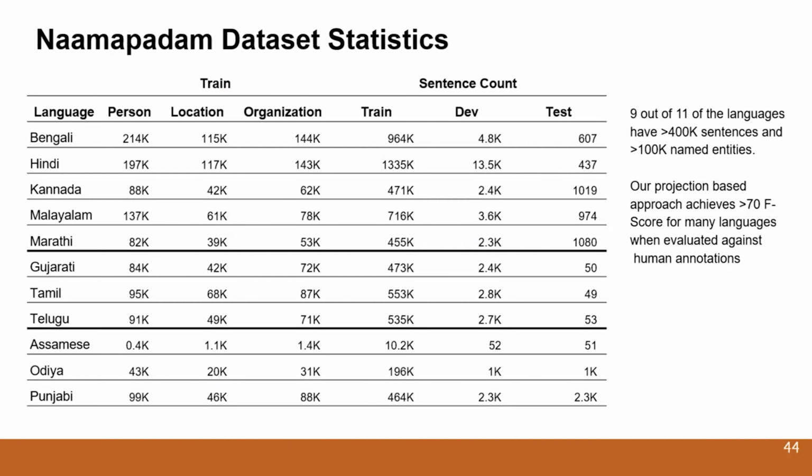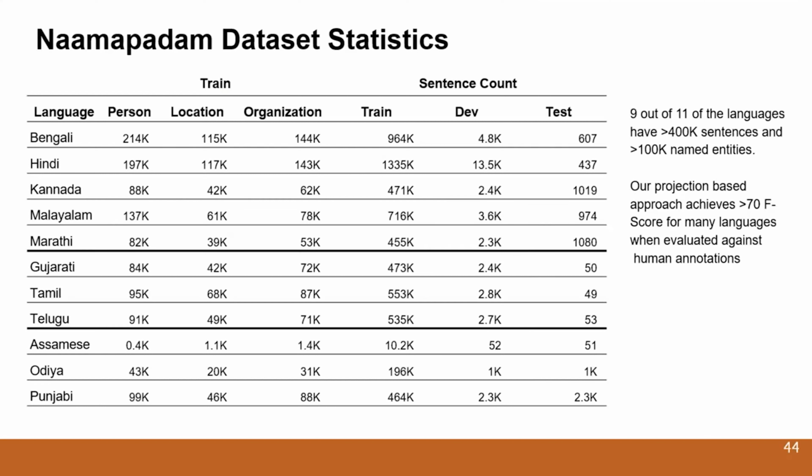So this was with respect to the dataset creation. Now let's look at some of the dataset statistics. If you look at this table, 9 out of 11 languages have more than 400K sentences, and more than 100K named entities combined across person, location, and organization.